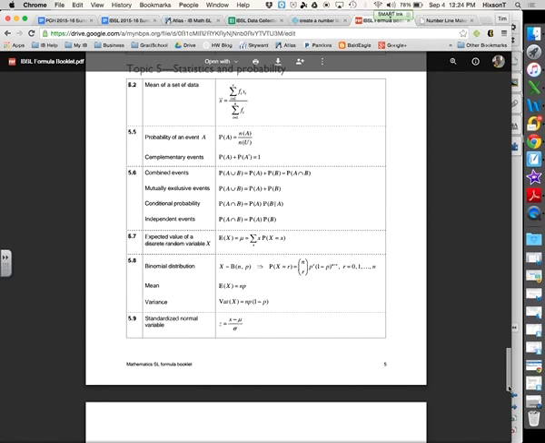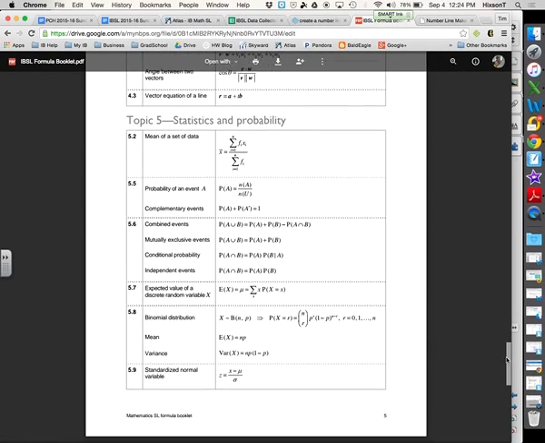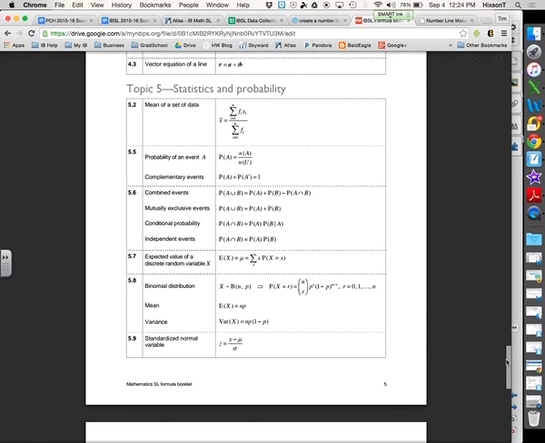You'll notice there actually is not the formula. Now that doesn't mean you have to memorize it. That means on the exam you will not be asked to do this by hand.